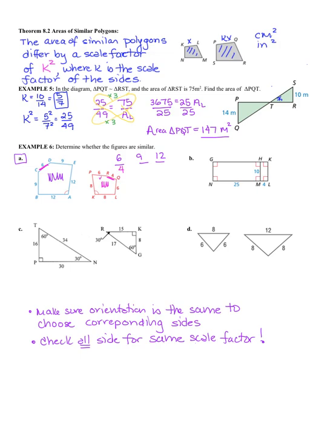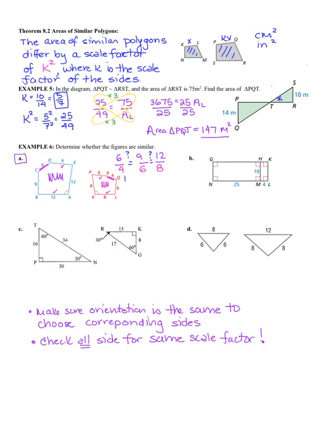The side that had a 9, that goes with the 6. And the side that has a 12, that goes with the 8. So I can kind of set up, notice it's smallest to largest, which makes sense. Your sizes are not going to be changing their relative length. And what I'm trying to figure out is, are all these proportions the same?